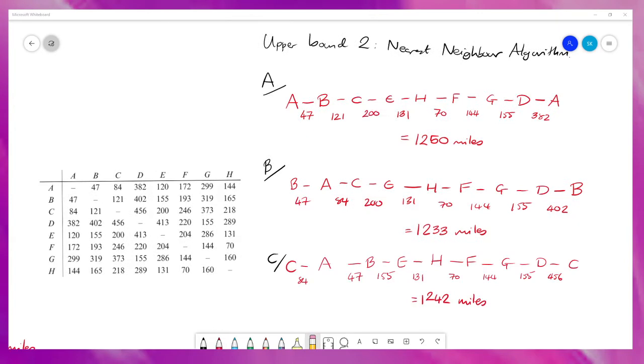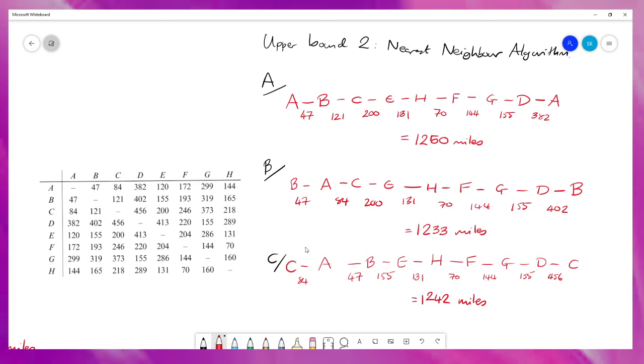Using a similar method for C, we get an upper bound of 1,242 miles. So although this second part of each of the tours is the same, the orientation of this first part really matters. And we might then get different answers if we use D, E, and so on.